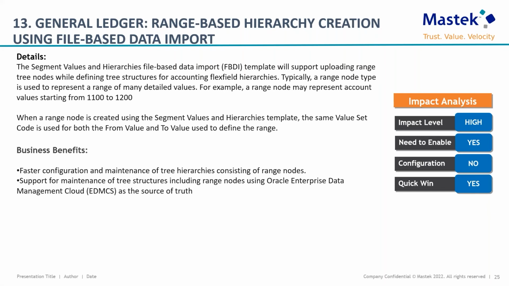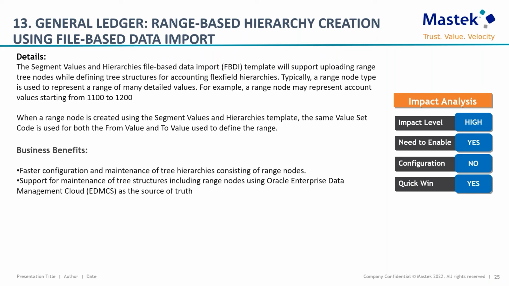For general ledger, we now have range-based hierarchy creation using file-based data import available. This is also a pretty big upgrade for general ledger, which means that instead of defining each and every child or parent value separately while importing the hierarchy level, we can now define the range base.